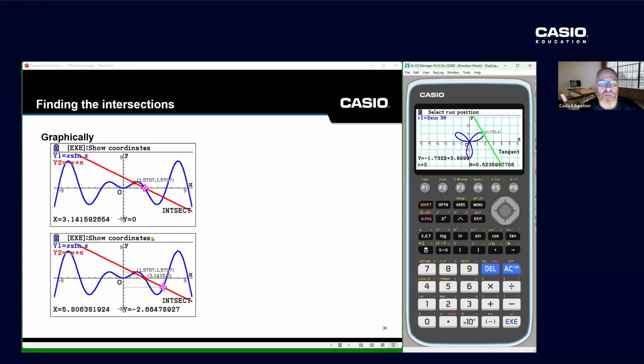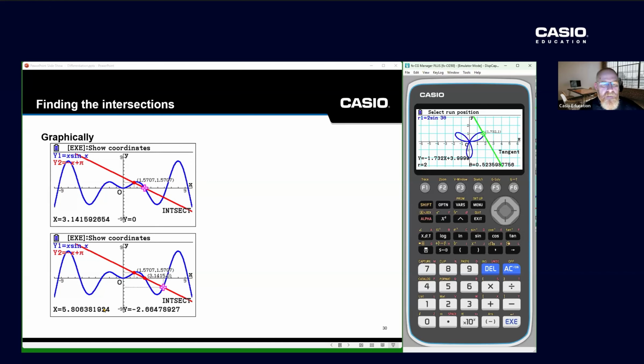Okay, you could then find the right-hand side point of intersection, and it's got a fairly nasty value of x. Doesn't pop out as anything particularly nice. So you are integrating, in this case, between pi over 2 and 5.8.